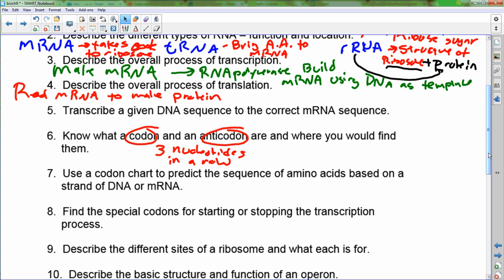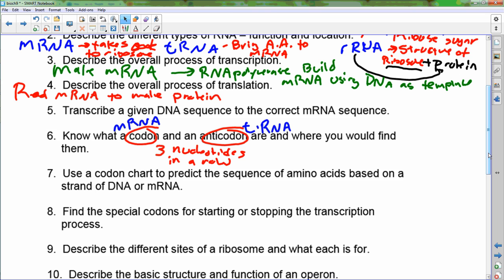What would be the difference between codon and anticodon? Anticodon is found on the tRNA. Where's the codon found? On the messenger RNA.